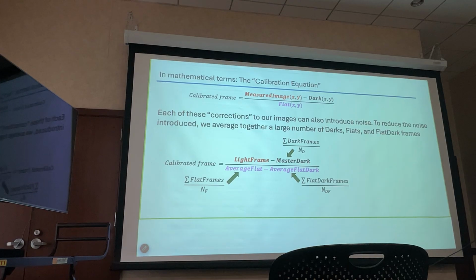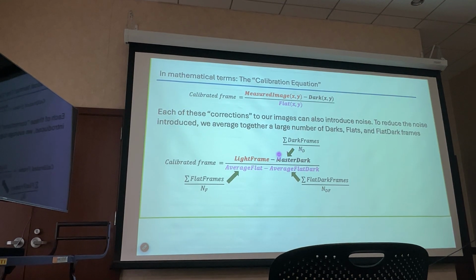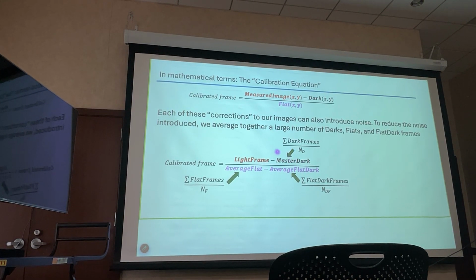So there are 4 measurements we need to do. We've got our light, we've got our darks, we've got our flat, and we've got a flat dark, which is a dark image taken under the same conditions as our flat. So there are 2 kinds of darks. These darks are taken under the same conditions as our light frame.